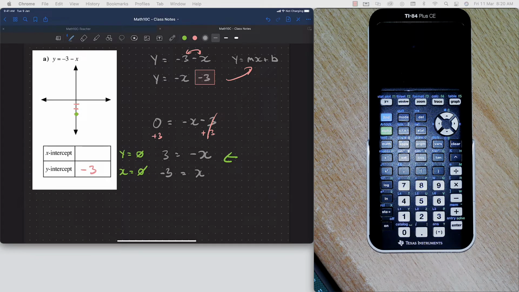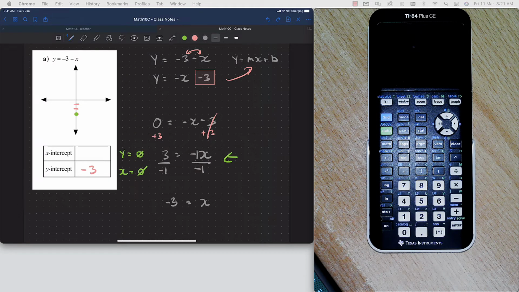And essentially what we're doing here is taking the value that was in front of the x, which happens to be a negative 1, and dividing by negative 1. Negative 1 divided by negative 1 is going to be a positive 1. So the value of 1x equals, in this case, negative 3, but we just never write that 1 right there.